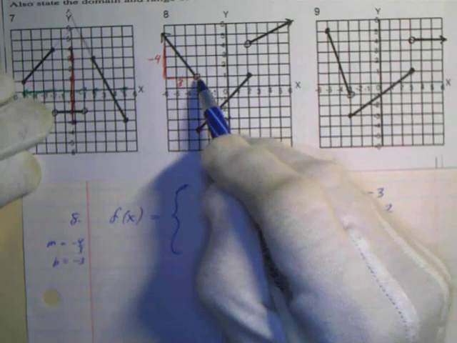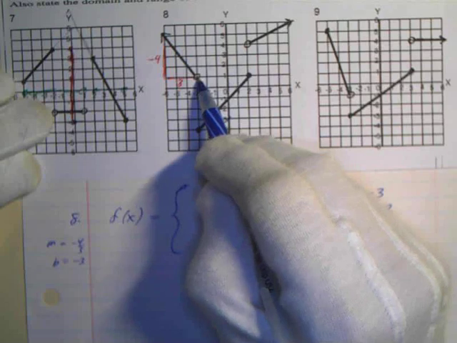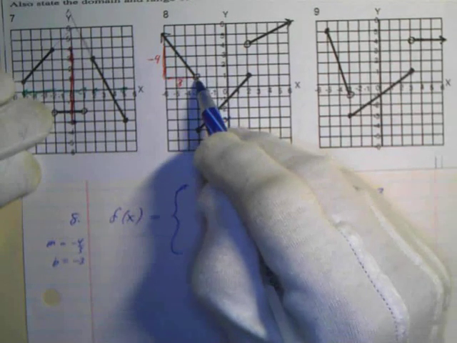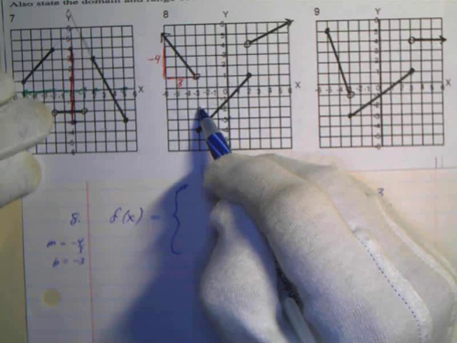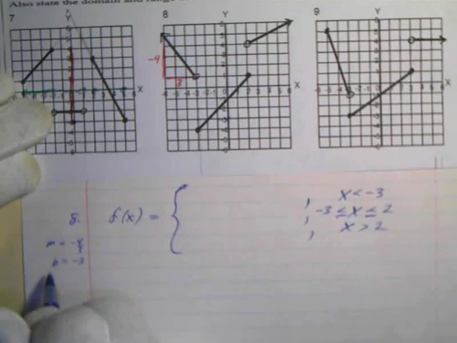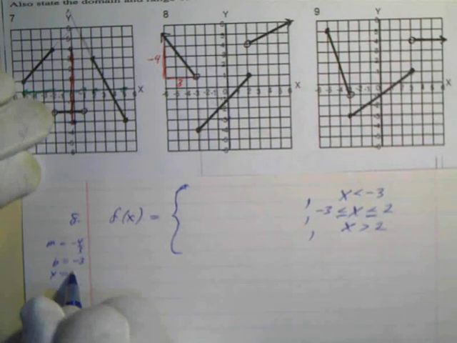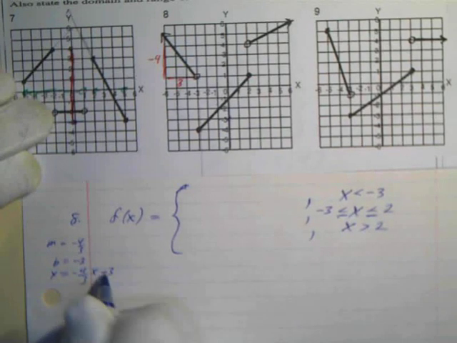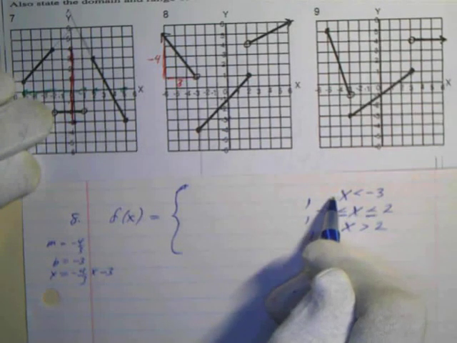All right, because like I said, it's just missing it here, but I've got a little circle on there, so that should indicate. So you can go from here, minus 1, 2, 3, 4 over 3, down 1, 2, 3, 4 over 3, and you should get your line. So my line there, which would be y equals negative 4/3 x minus 3, so that's what's going to go in here for the first branch.